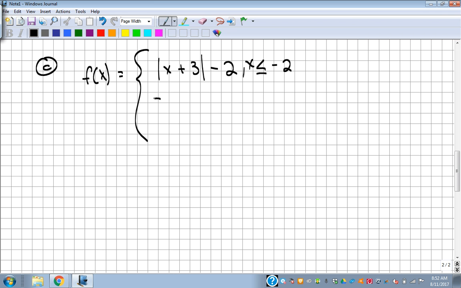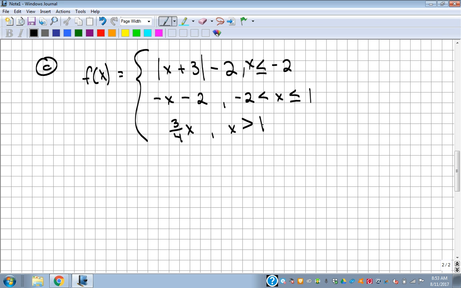And then let's do negative x minus 2 for negative 2 less than x less than or equal to positive 1. And then let's do 3/4 x for x's that are greater than 1. To get 3 pieces on this one.